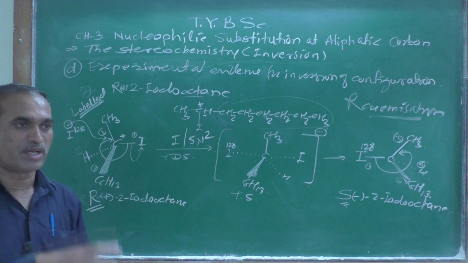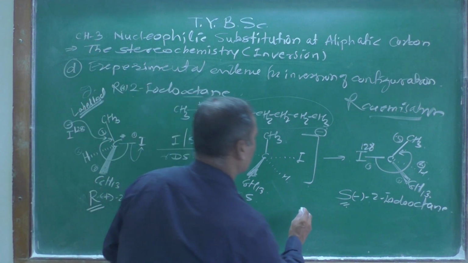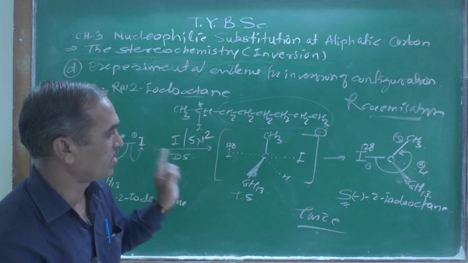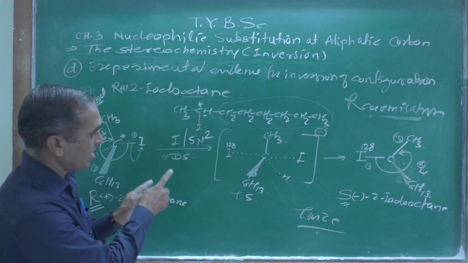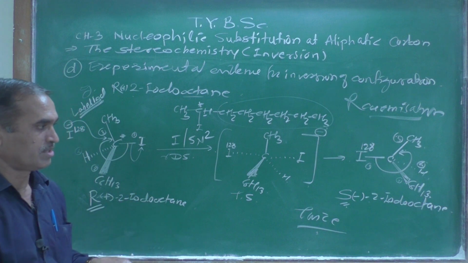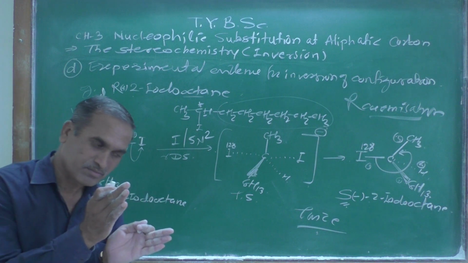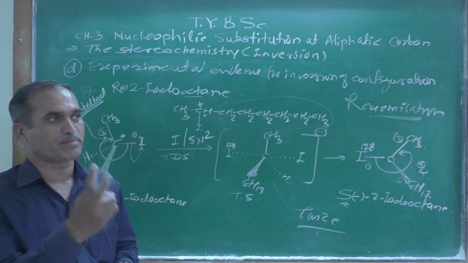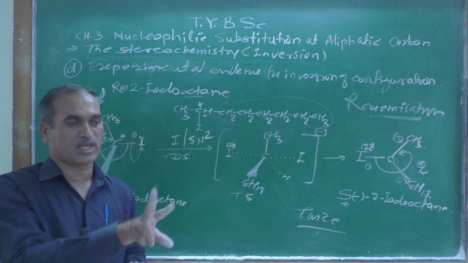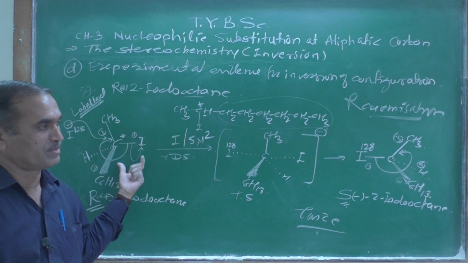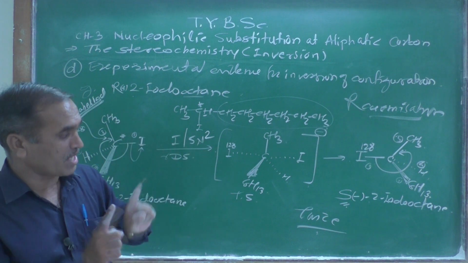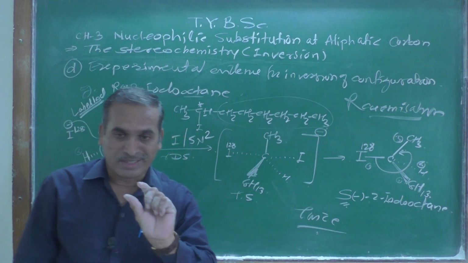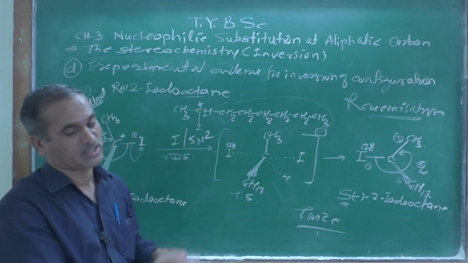And here the racemization is found to be twice racemization. Twice racemization means whenever the reaction occurs, whatever product is formed, that product cancels the rotation of 2 moles of the starting compound, and that's why it is found to be twice racemization in this case.